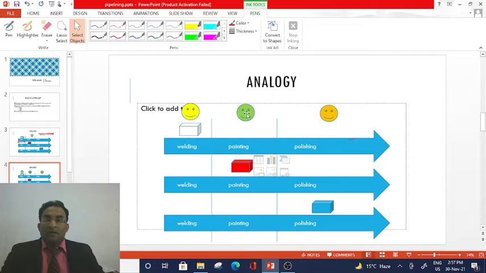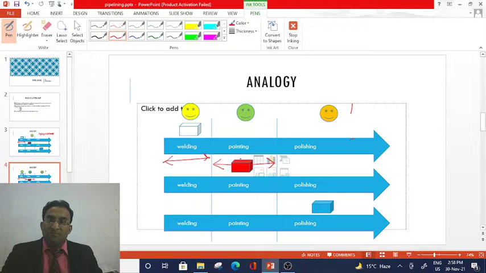When the first box enters the assembly line, the first job is to weld it, which takes 1 hour. In the second hour, this box is transported from the welding shop to the painting shop, and in that hour its painting is completed.